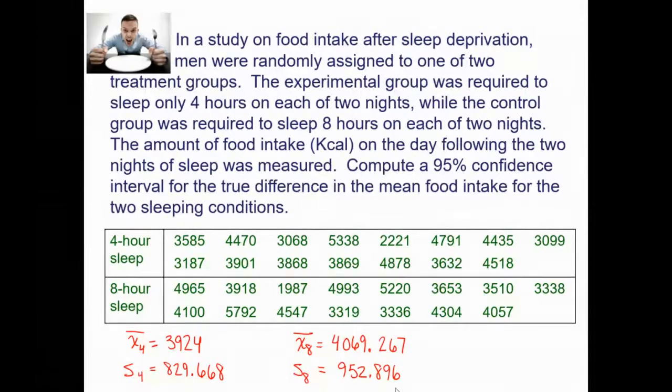And then we don't really list this on here, but let's write it. How many samples are in the first population, 4 hours? 15. What about the 8 hours? Okay, there's our statistics.